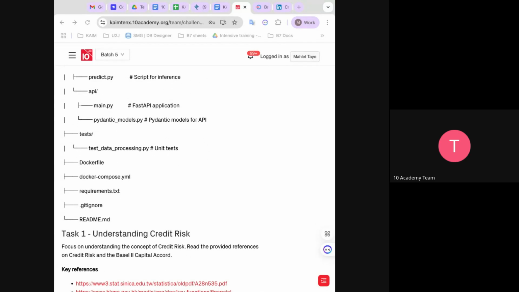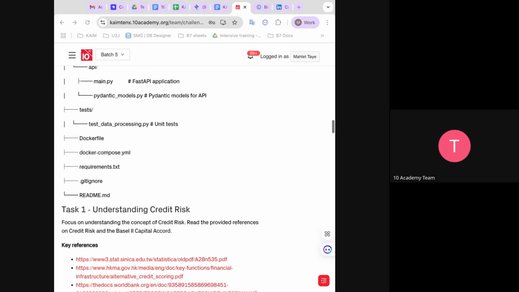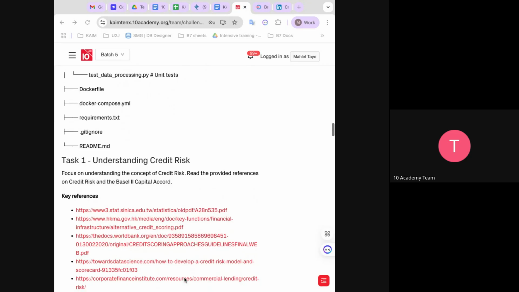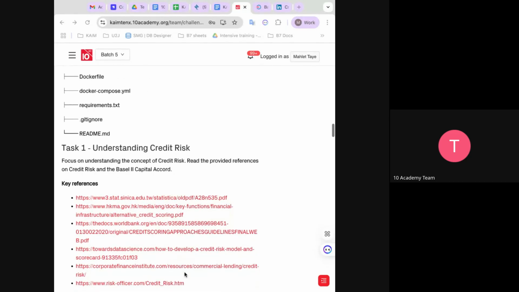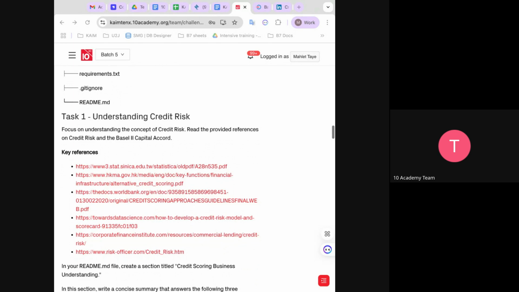Then the first task is to understand what credit risk is, or what the risk behind credit scoring in financial institutions is. These are the set of references that have been stated here, and you can have a look and understand what credit risk means.